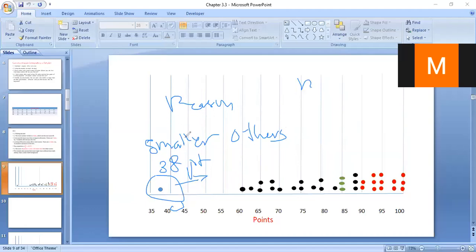Those are some reasons why the student got only 38 points on this test, among all the students in the city in London.